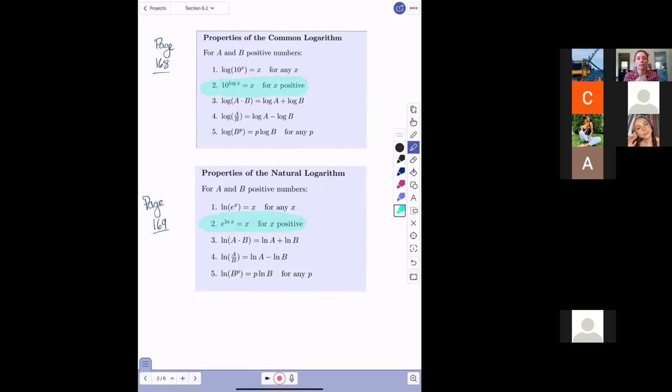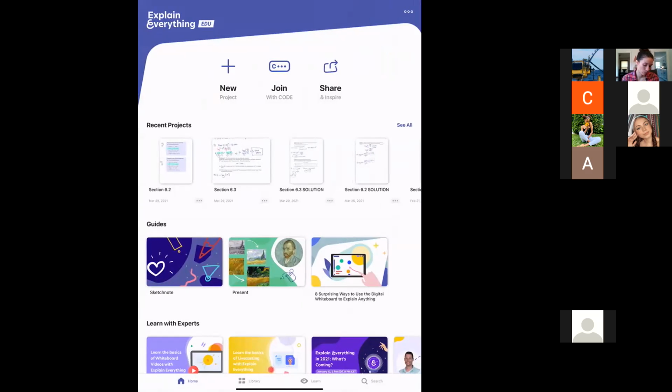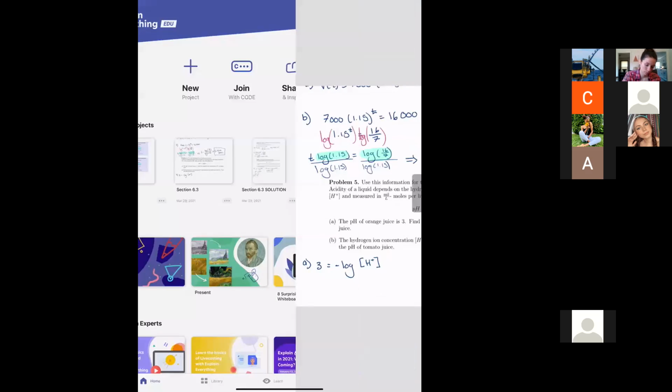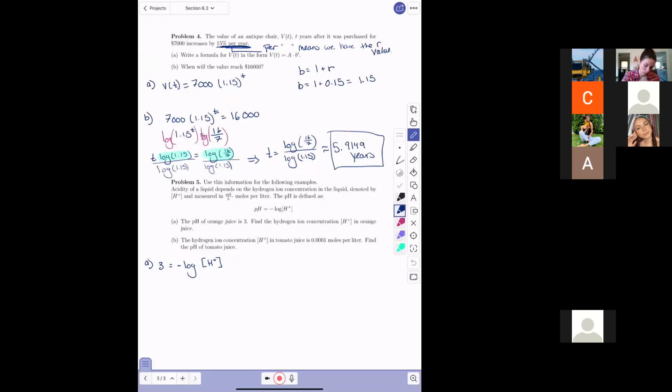So if we raise both sides of our problem here to 10, then we'll get rid of the log and we'll just be left with negative H. So we have raise everything to the power 10. So it's 10 to the power of negative log of H+.